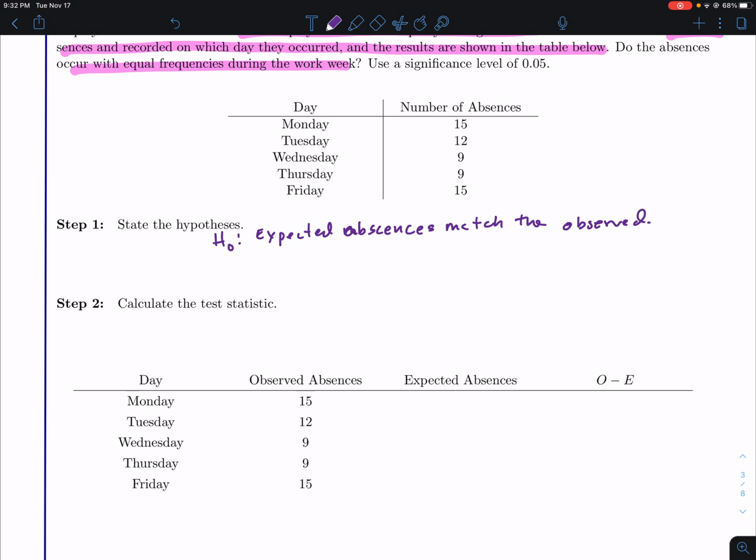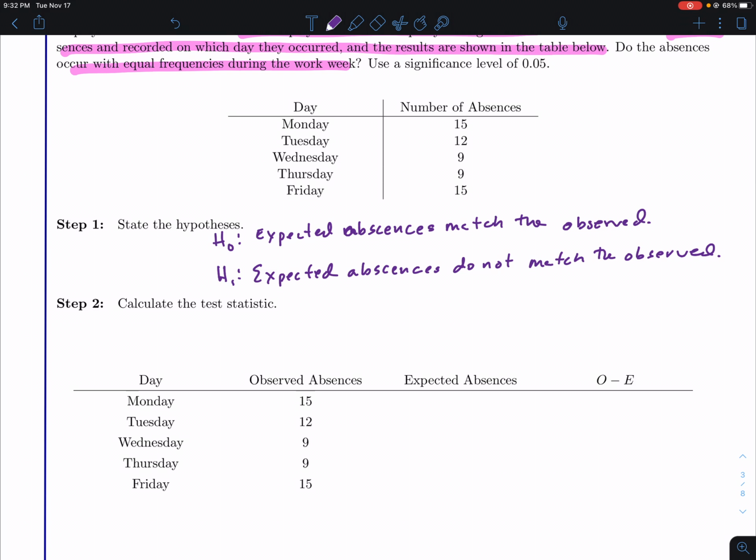So basically, you're equally likely to miss a day. Like most people aren't going to take off Friday or something like that. That's really what that's saying. So H1 is going to be the expected absences do not match the observed in this case.